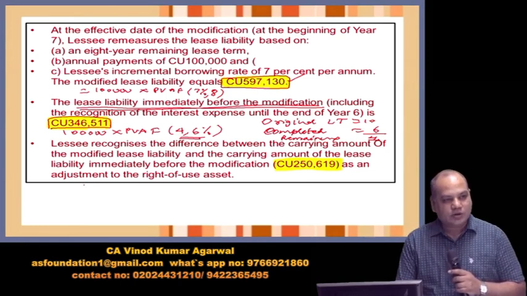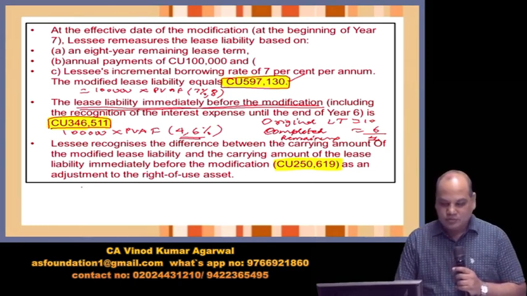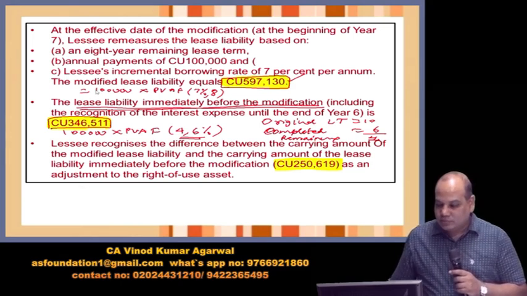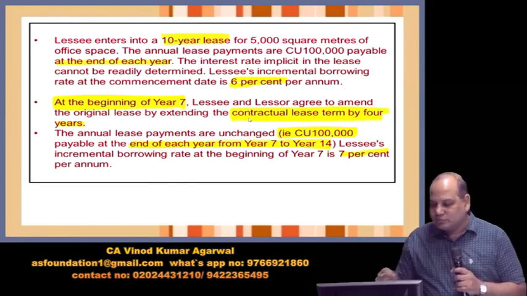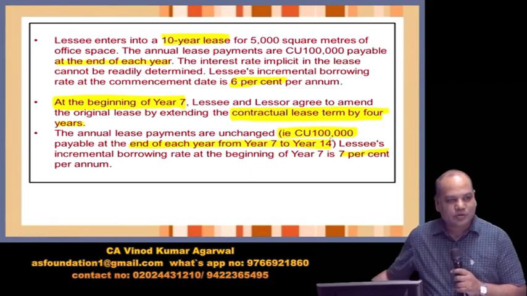Why will we not record it as a separate lease? Oh, that's a good question. Because it is just the same lease which has been extended. And who knows, after 6 years the rent will still remain 1 lakh rupees or not.